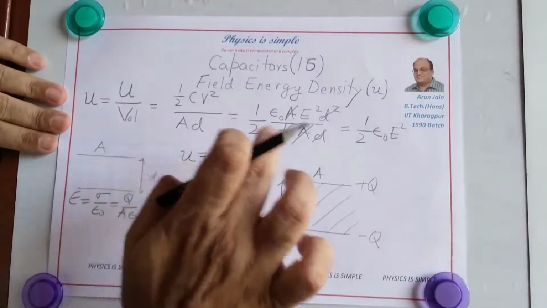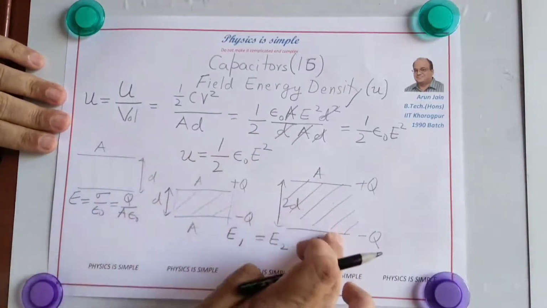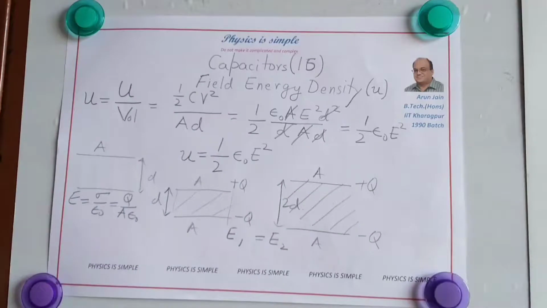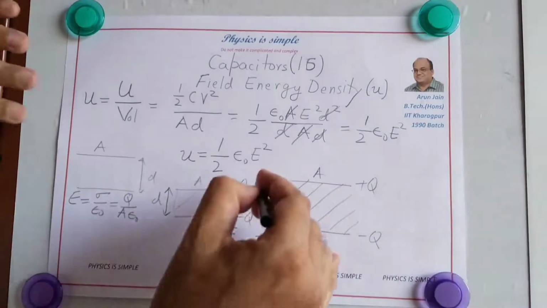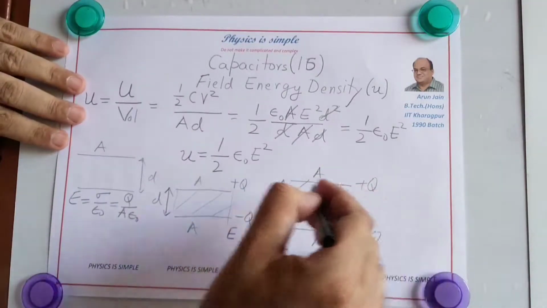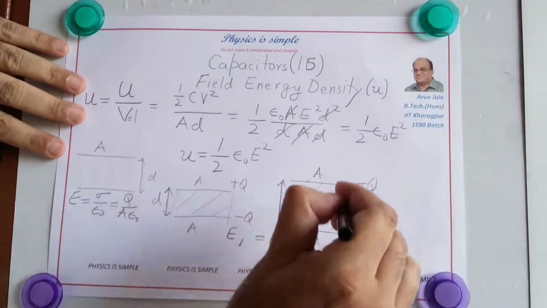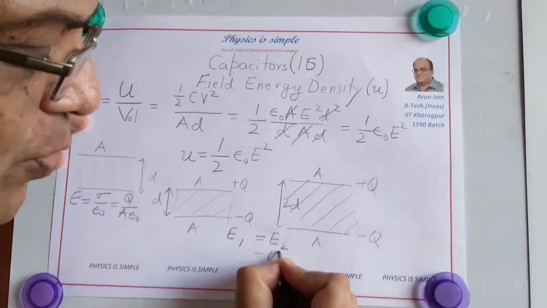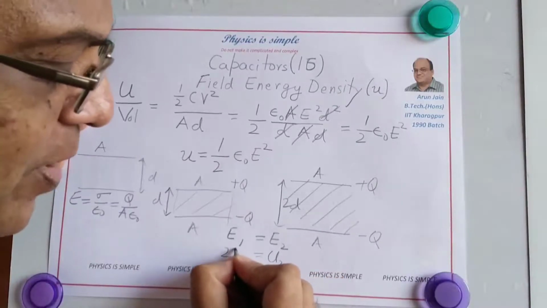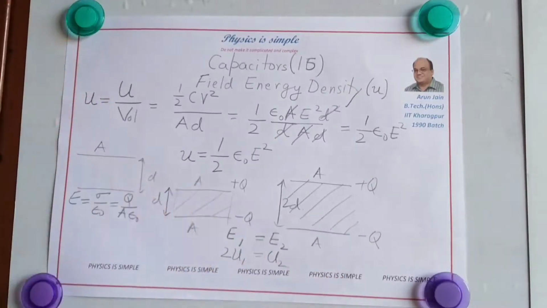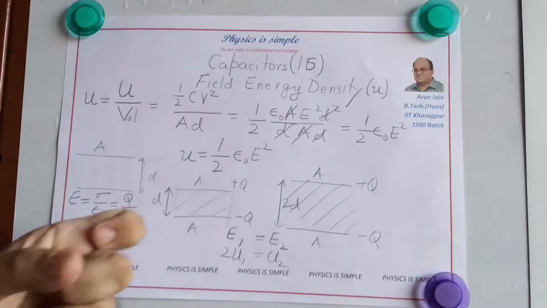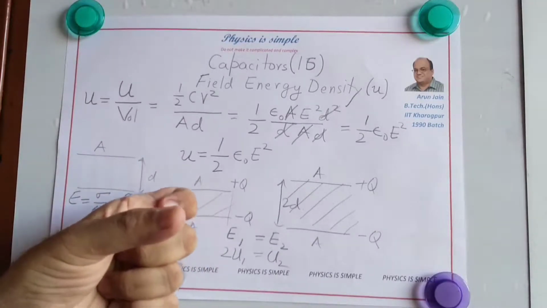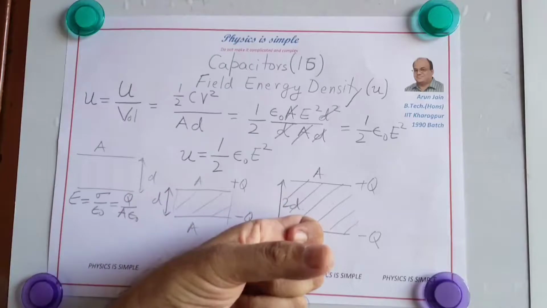The energy stored per unit volume is same in both the capacitors because electric field is same. And since the volume of this is double, the energy stored in this capacitor will be double. Therefore, U2 will be twice U1. So in this capacitor, the energy stored is half the energy stored in this capacitor.